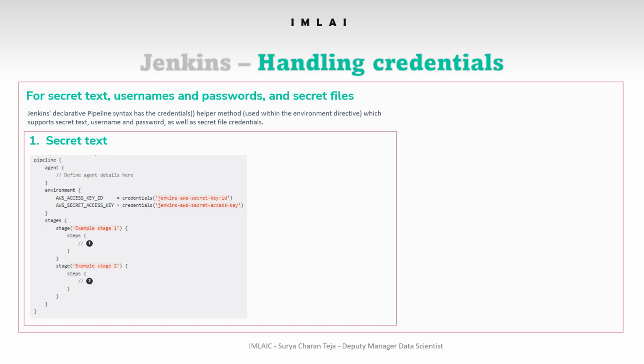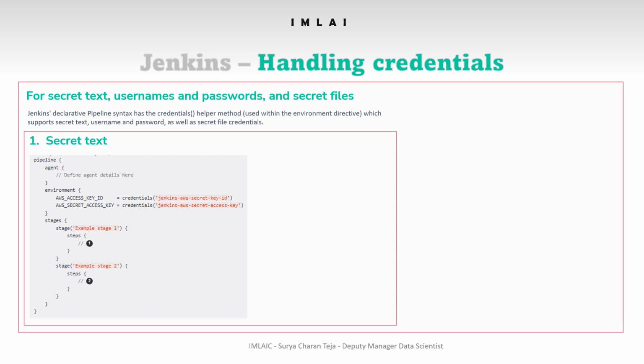Within the stages, we use steps using the syntax AWS access key ID and AWS secret access key. One is the access key ID and the second one is the secret key. For example, here you can authenticate to AWS using the secret text credentials assigned to the credential variables.